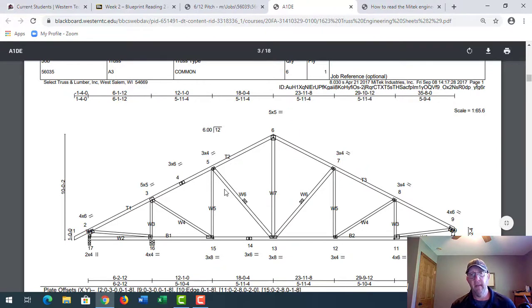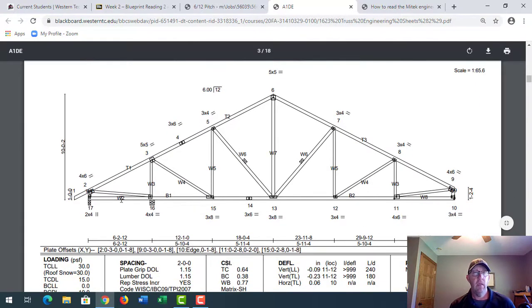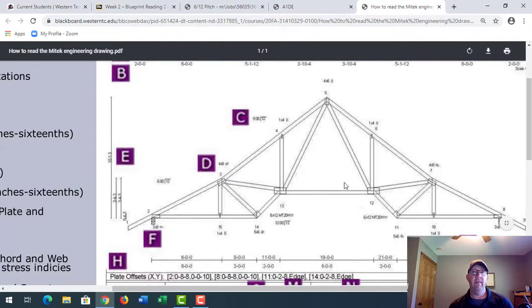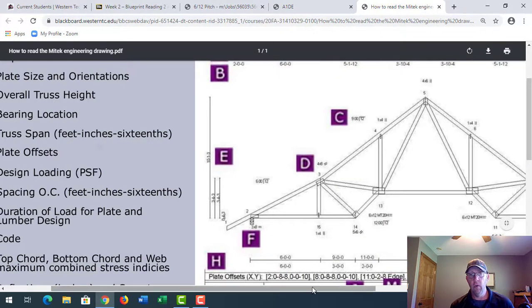So basically 10 feet, and then 2/16 is really 1/8 inch, so not too terribly tall. The truss span is going to be right here. So I have 35 feet 8 inches. Okay, so it's quite wide. Those are two very important ones that I think you guys should know.